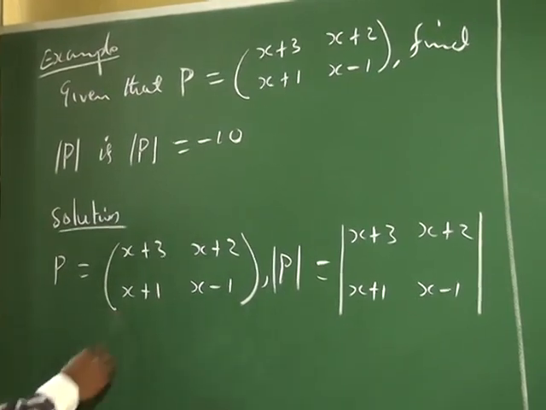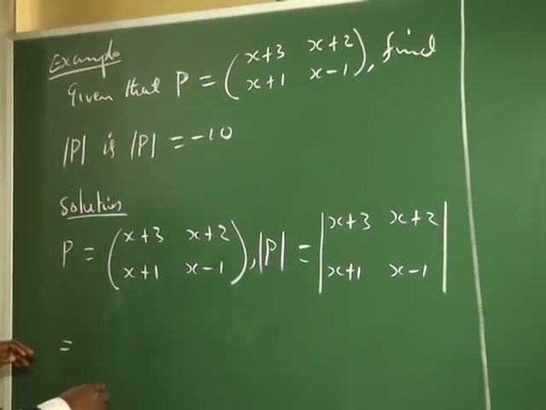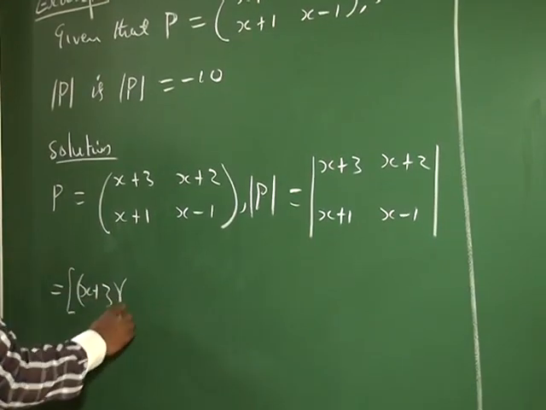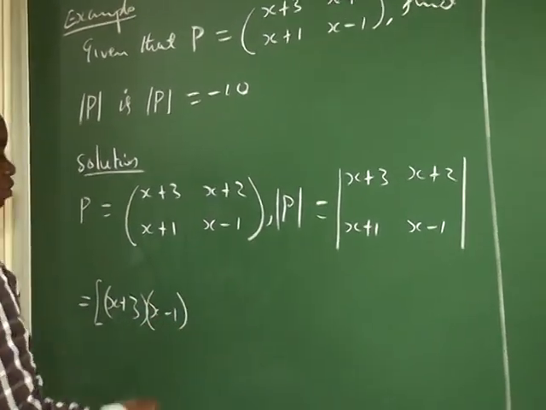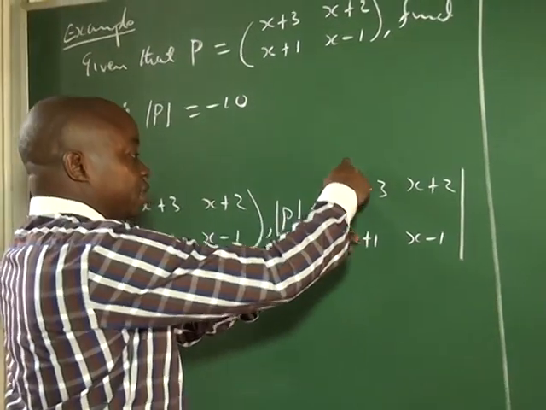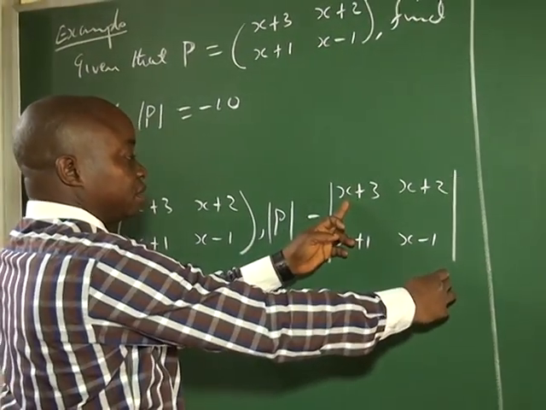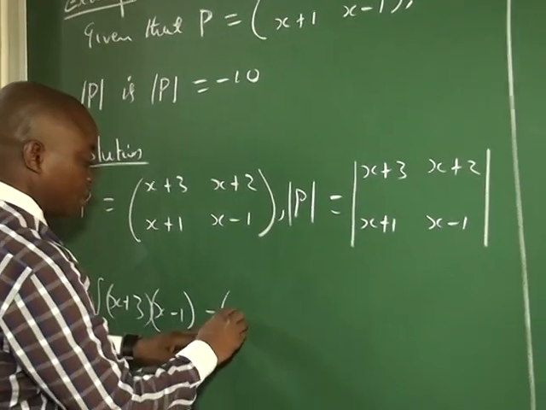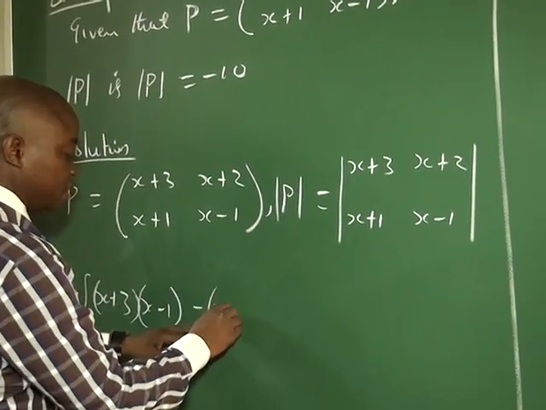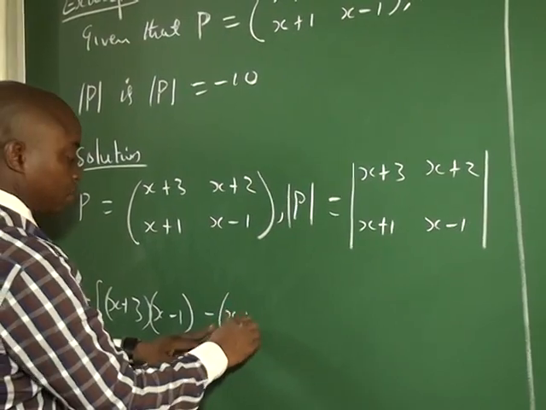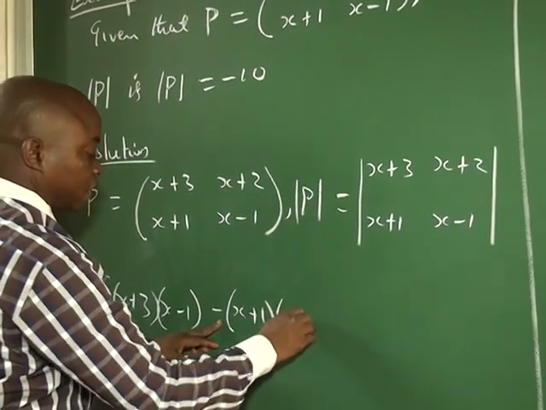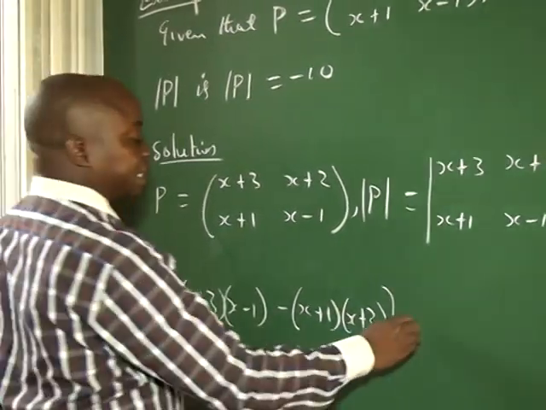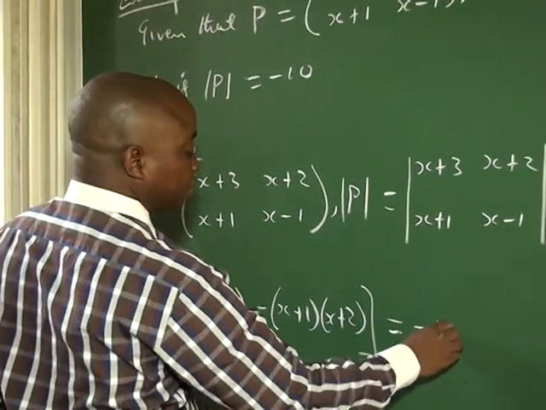And we can then evaluate it to be x plus 3 times x minus 1, using this times this, minus x plus 1 times x plus 2. And we are told that the determinant is equal to minus 10.